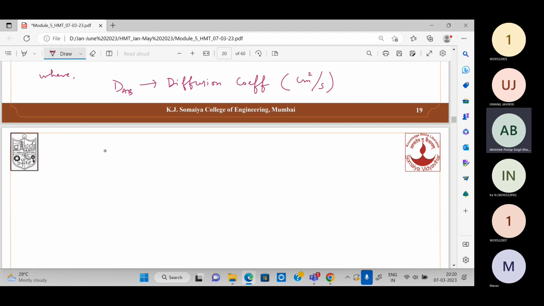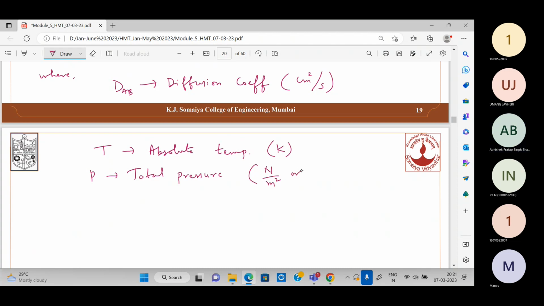T is the absolute temperature, meaning the value is in Kelvin. P is the total pressure of the system, and the unit is generally Newton per meter square or Pascal.